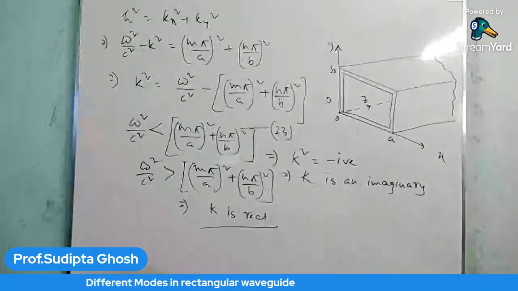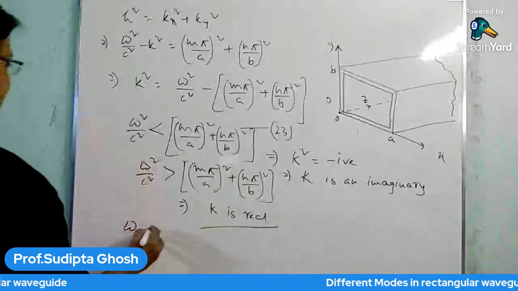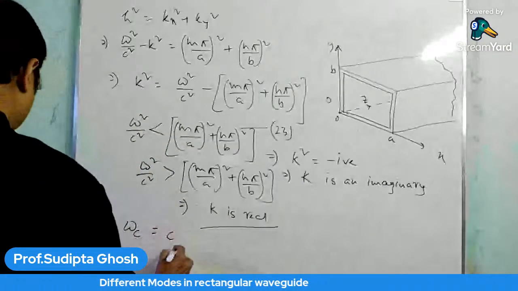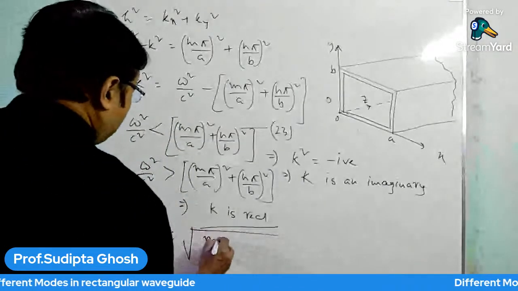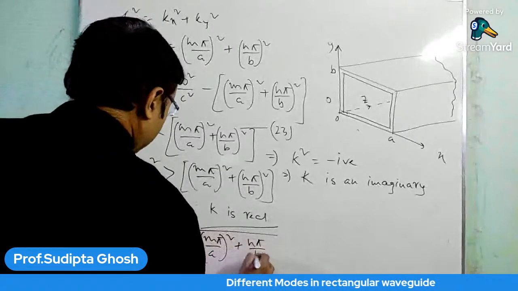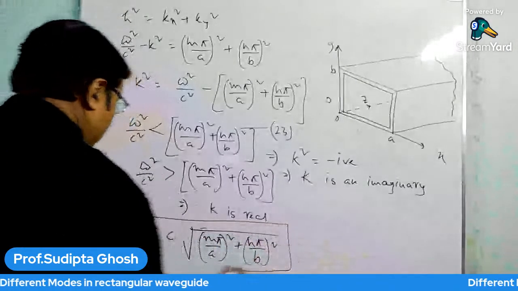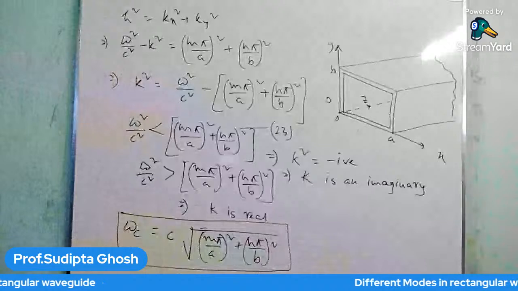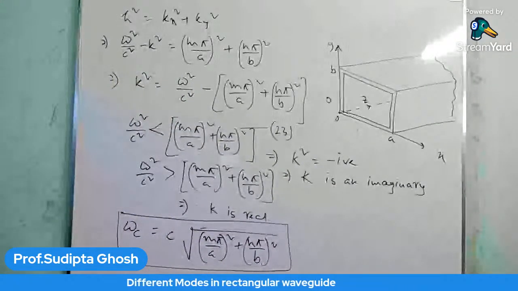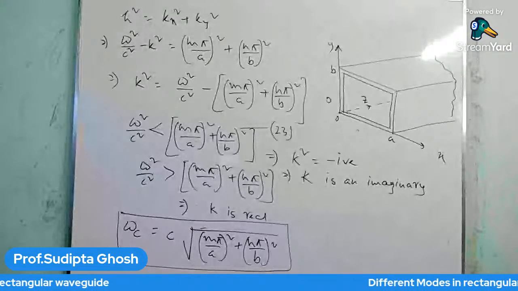So the cutoff frequency omega c equals c into square root of m pi by a square plus n pi by b square. Right. This is the value of the cutoff frequency below which no wave can propagate through a waveguide. So you have to maintain this particular cutoff frequency value.